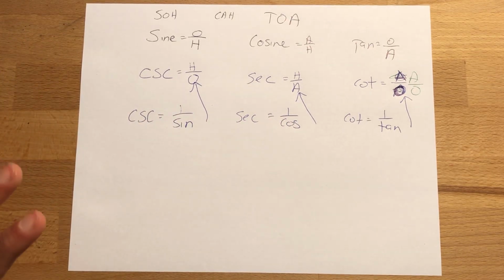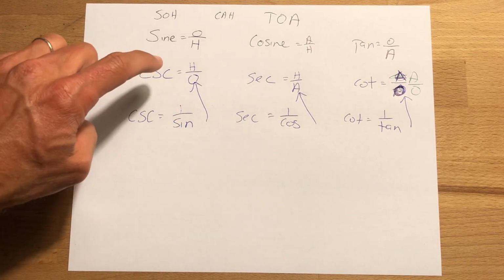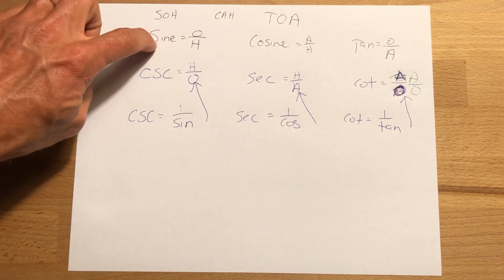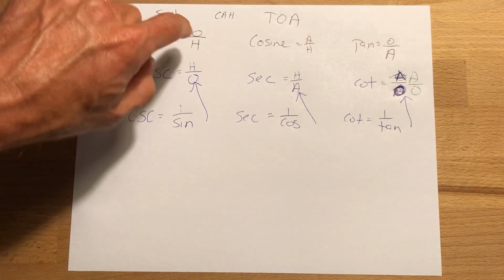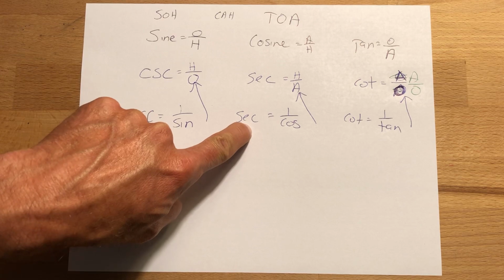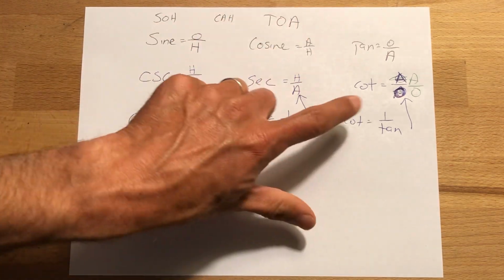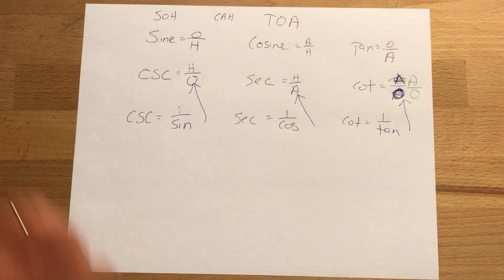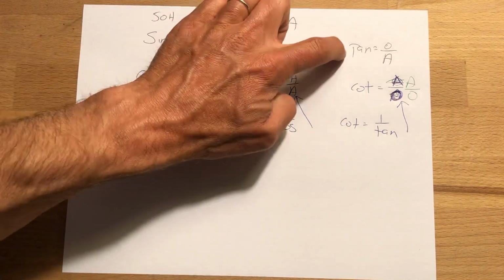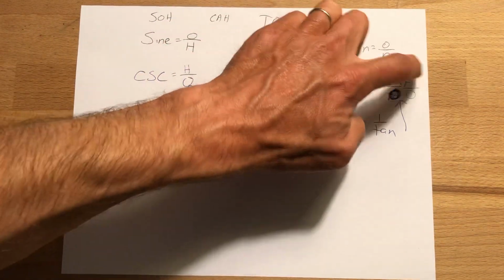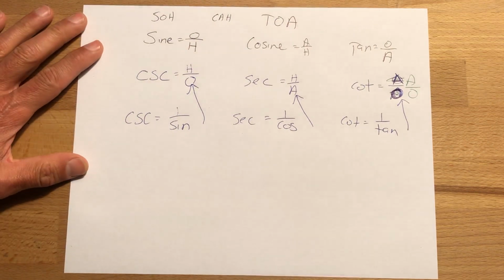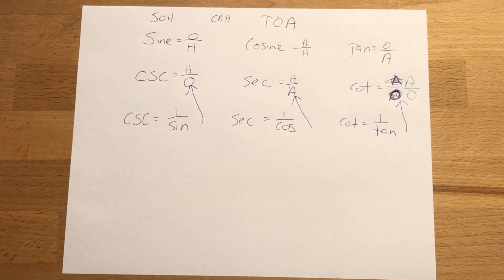But mathematically, the way that you do it is you just do the reciprocal of sine, or h over o. Secant is the reciprocal of cosine, which is h over a. And cotangent is the reciprocal of tangent, which is 1 over tangent, or a over o. Those are the 3 new trig functions.